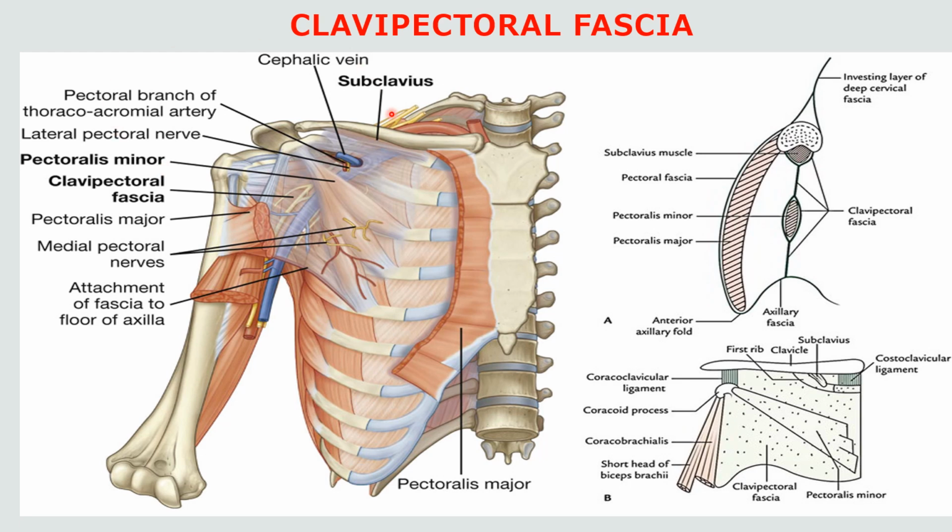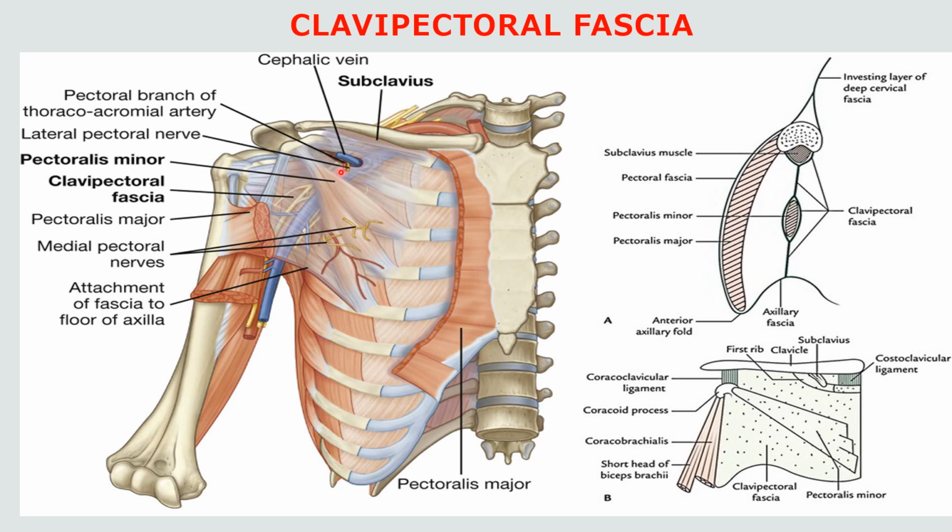Now, what are the structures piercing the clavipectoral fascia? It is very, very important. Pay attention. Number one, the cephalic vein pierces the clavipectoral fascia. Then lymphatics from the infraclavicular nodes and from the breast, the apical group of the axillary nodes.